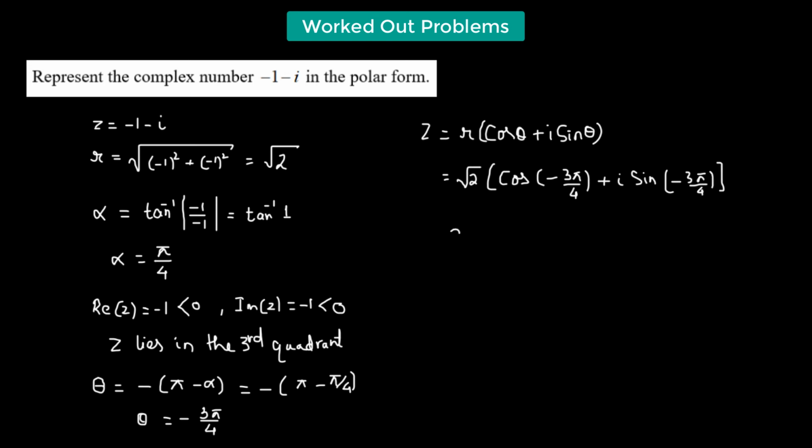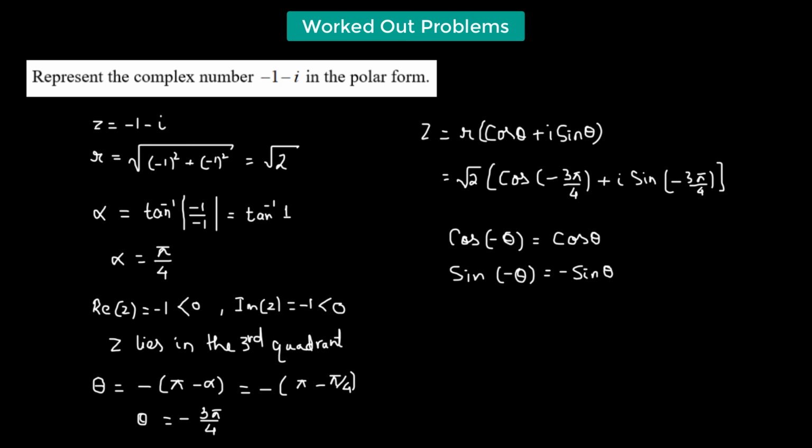Now, the rule of trigonometry states that cosine of negative theta is equal to cosine of theta, and sine of negative theta is equal to negative sine of theta.